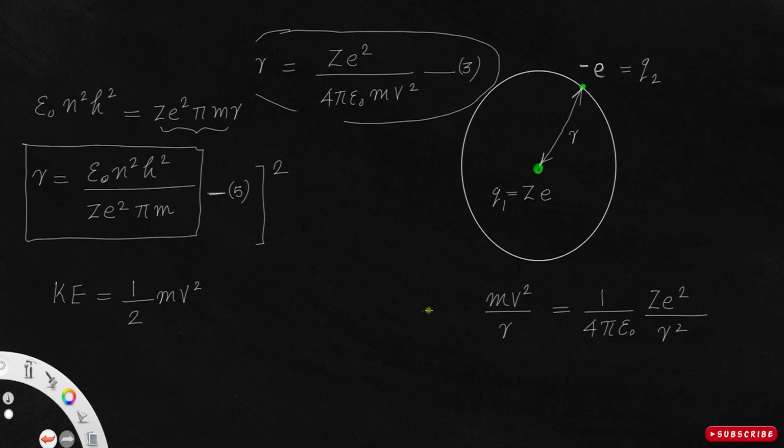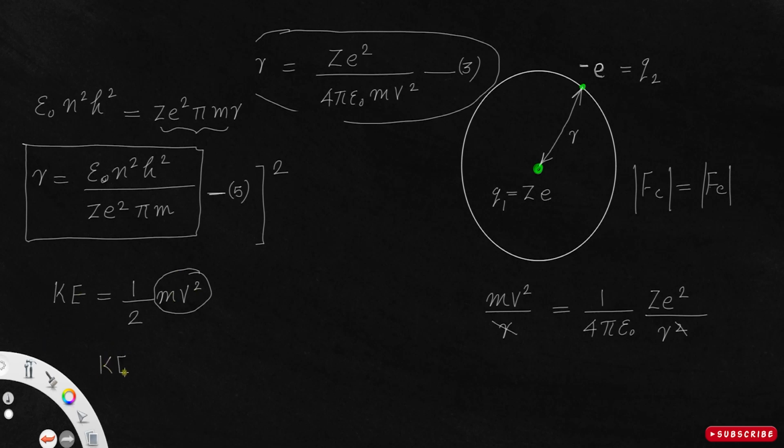This is the equation from which we started all this derivation, that is modulus of Fc equal to Fe. Here you can cancel this r, so I'm plugging this value for the m v square in the kinetic energy.